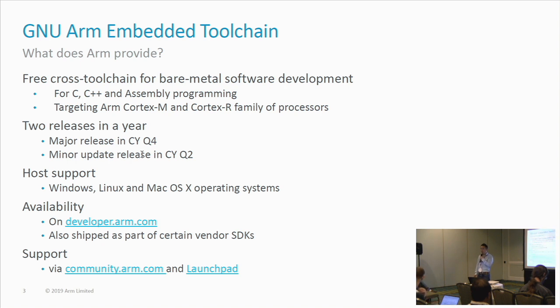So far we have 2 releases each year. The major release happens in Q4, and another update release happens in Q1. The major release includes the new features in the latest GCC release branch, and the update release includes major bug fixes and any updates in the relevant GCC branch.